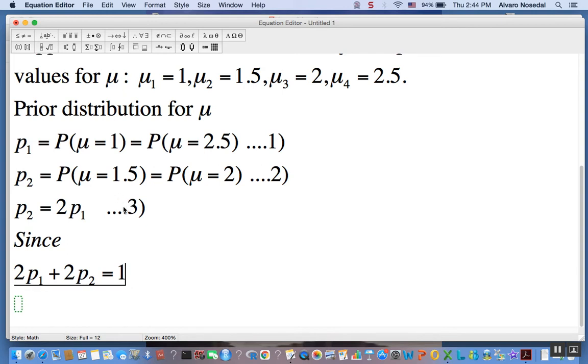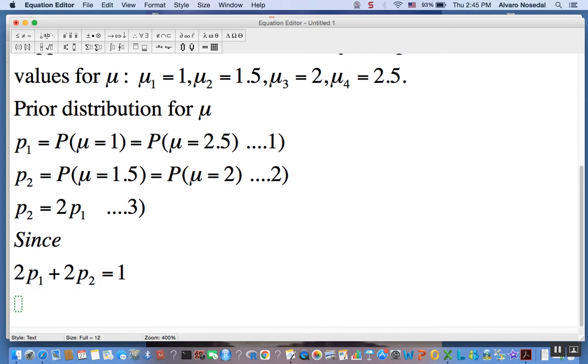So from 3, since we're saying that we consider mu2 and mu3 twice as likely as mu1 and mu4, we have this. So wherever we see a p2, we could just plug in 2p1, or the other way around, wherever we see a 2p1, we could substitute by p2, and that's what we're going to be doing.